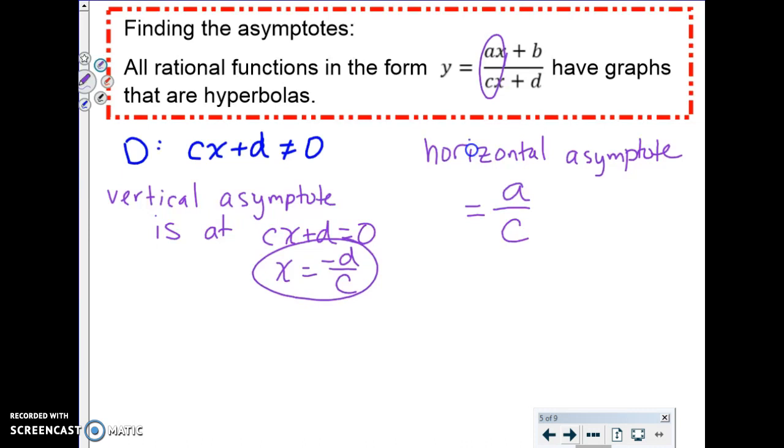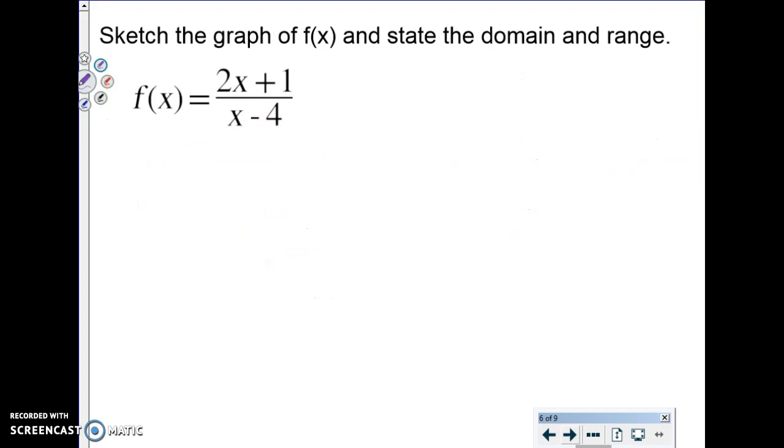So then we have something to practice, okay? I can sketch this graph really easily using what I just learned about where my asymptotes are. So first let's do the vertical. The vertical is when we actually solve for x. So this is going to be where the denominator is equal to 0.